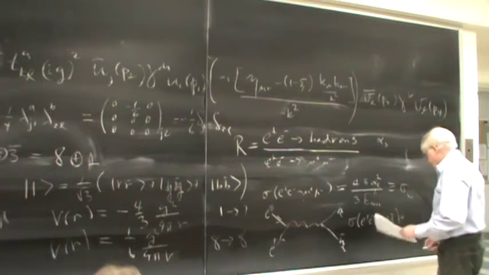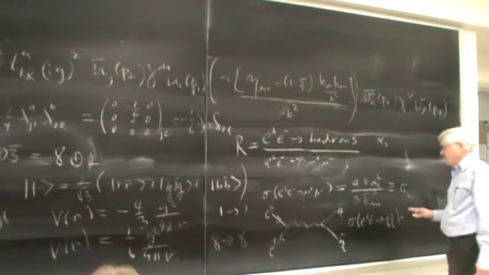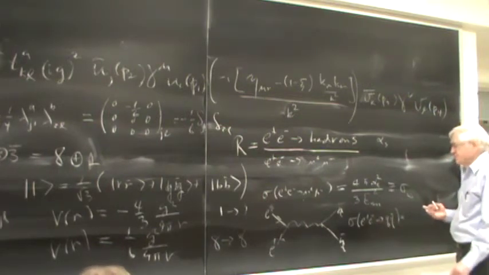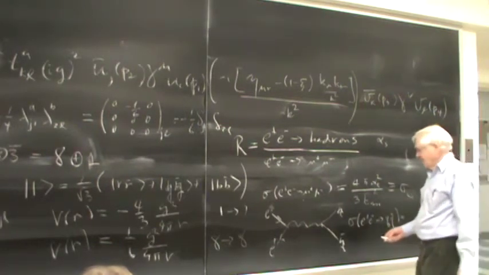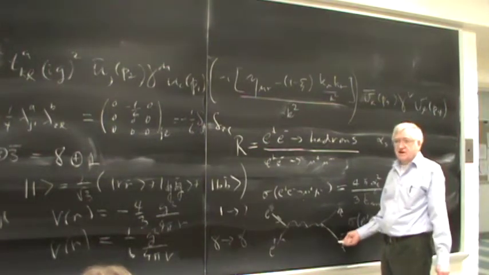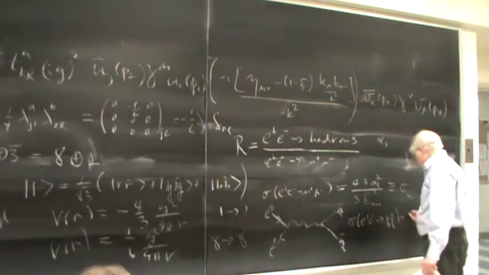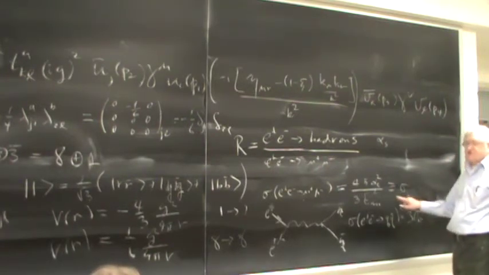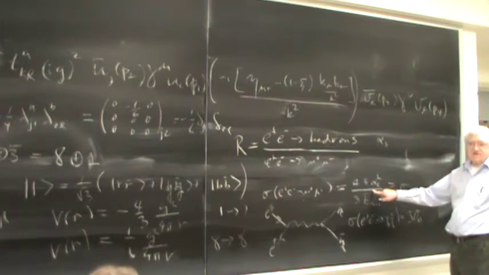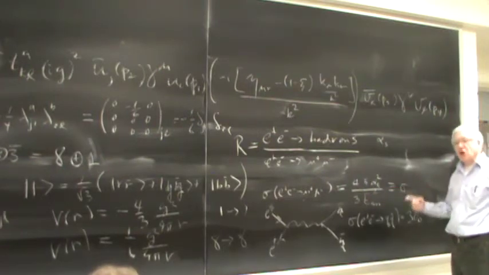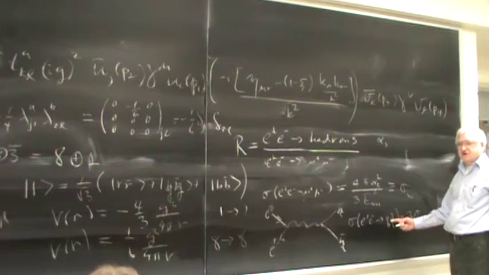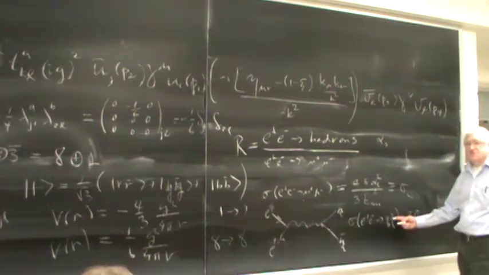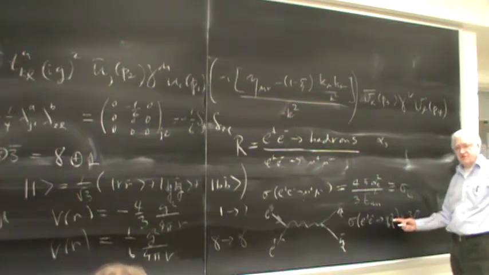This thing is what? Well, first of all, there are 3 colors. So there are 3 ways this can happen. And you can imagine if you have a color detector here, you can distinguish them. So we get a factor of 3 for color. We get a sigma 0, that's just the stuff that it has in common. But then the charges are different. The electric charges, because we're talking a photon here, are 2/3 for the up quark, 1/3 for the down quark.